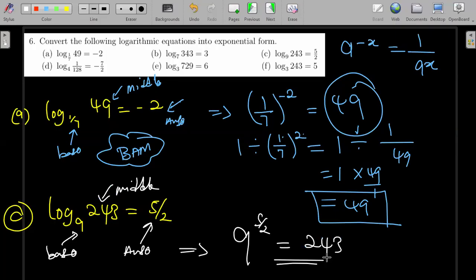Okay, any complications on converting, okay, from the log form to the exponential or the exponential to the log form? Any problems there? I have a question. Yes, please. Ask the question.